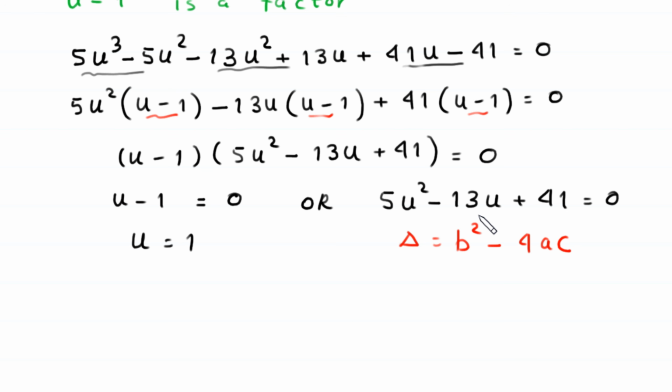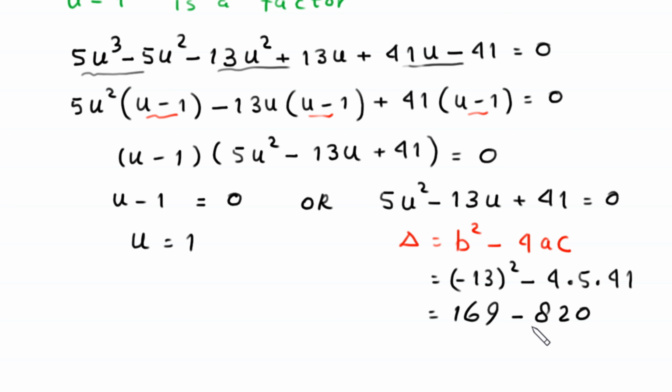Since b is negative 13, so this will become negative 13 squared minus 4 times a is 5 times c is 41, and negative 13 squared is 169 minus 4 times 5 is 20, 20 times 41 is 820, and 169 minus 820 will become negative 651, which is less than 0.